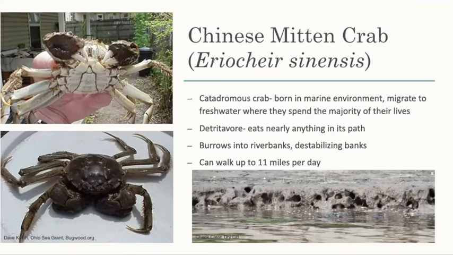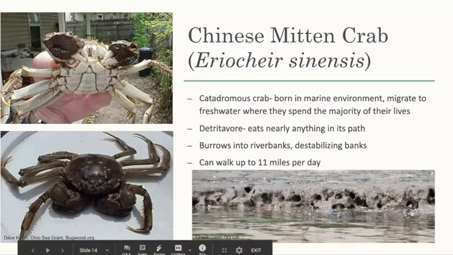When the water level goes up because of a rainstorm or maybe climate change, those coasts are really important for acting as a buffer. And when these crabs burrow into these riverbanks, they cause them to collapse, and that function is lost.